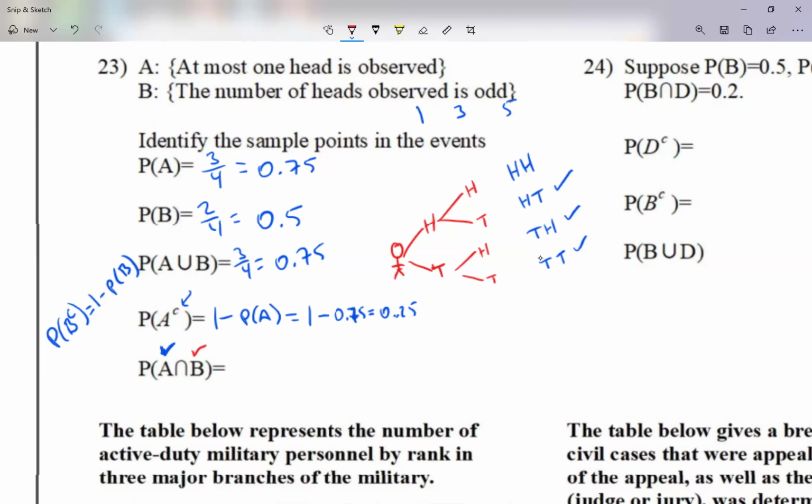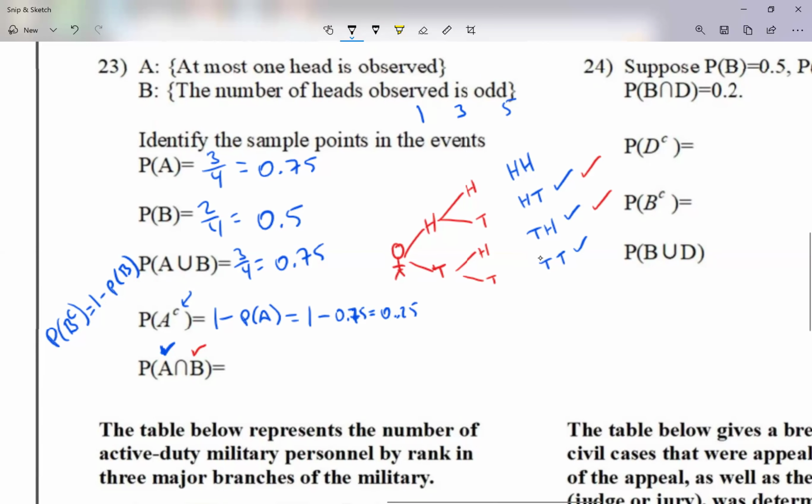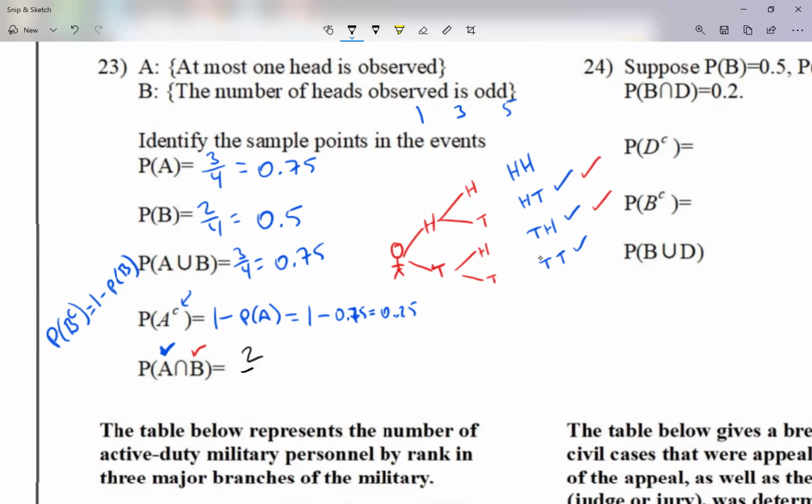The number of heads observed is odd. So there, there. Now my question here, because this is intersection, it looks like a U upside down: which of all 4 possible outcomes did I check twice with the red and blue? I'm gonna say, well, I checked 2 out of 4.